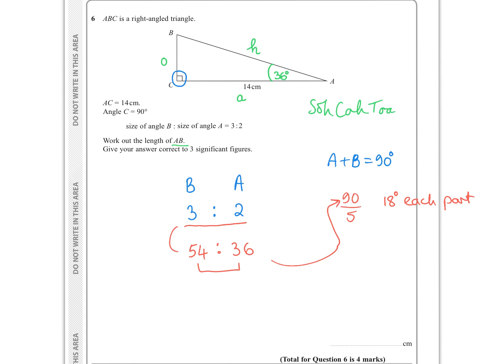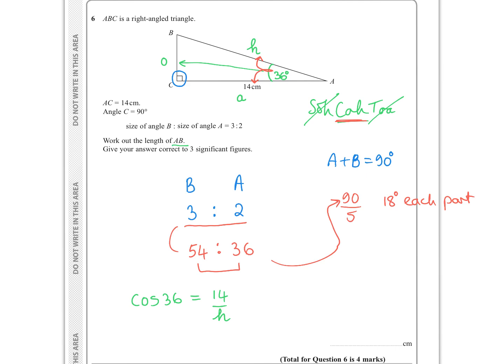And then I'm going to say, right, I've got the opposite, but I don't have any information, so it's definitely not going to be these two. So I'm going to be left by default with this one. And that would be exactly correct because I've got the adjacent, which is 14, which I want to use, and I want to find h. So I'm going to have cos of 36 is equal to adjacent over hypotenuse.